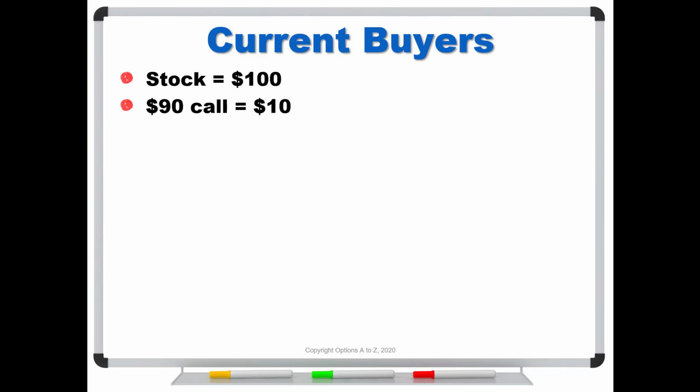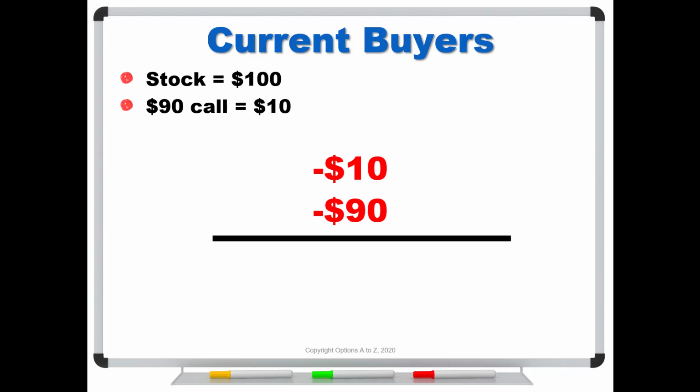Not true, because you haven't purchased the call. If you want to do that, you right now have to spend $10 for the call. Then yes, you could exercise and spend 90, and in that case, it is true that your cost would be 100, exactly the current price of the stock. Because that's the alternative, is to not buy the call and just go out and buy the shares. So yes, those two outcomes must be equal.